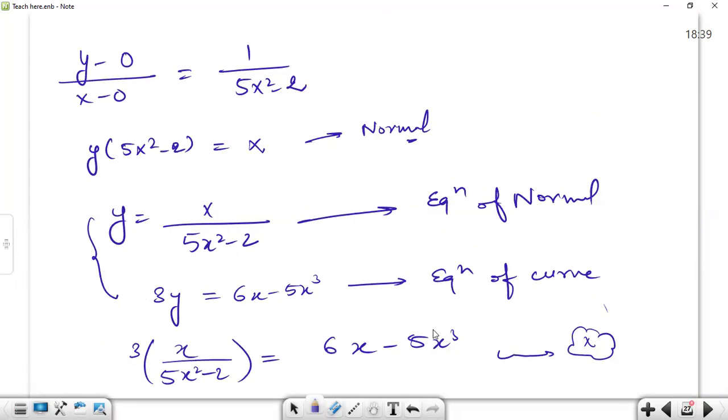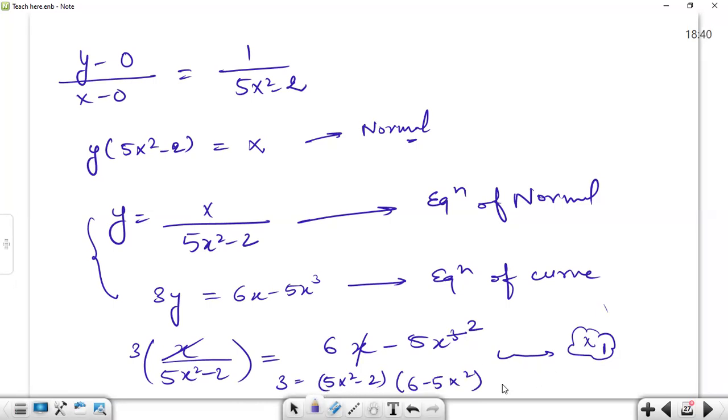Whatever the value of x comes out, it would be x1. Okay. So from here we can cancel x on both sides, and it will be 2 here. So let's simplify it further and cross multiply it. 3 equals (5x squared minus 2) into (6 minus 5x squared).